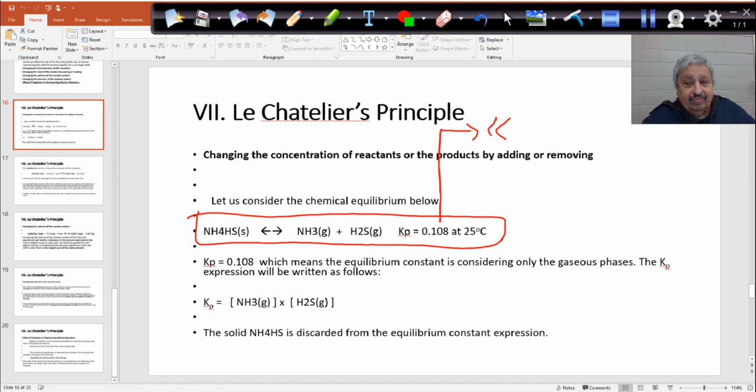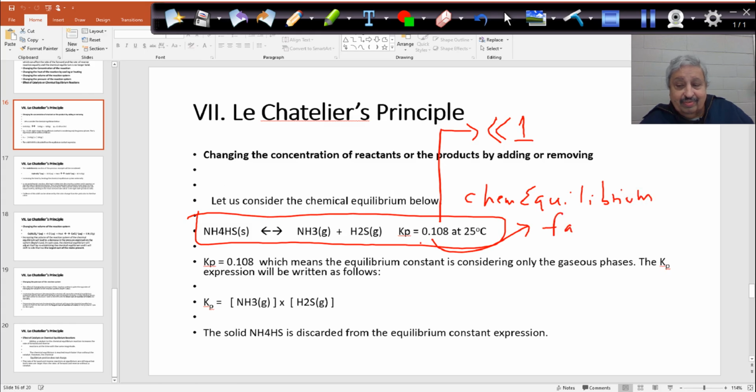Less than 1. What does this value mean here for the equilibrium? Somebody tell me: less than 1 favors what? Reactants, correct? Because less than 1 favors reactants.